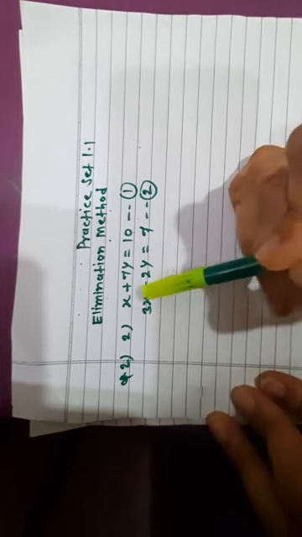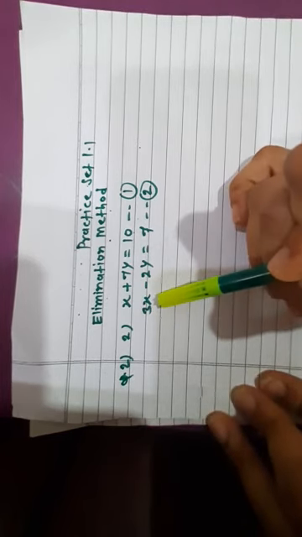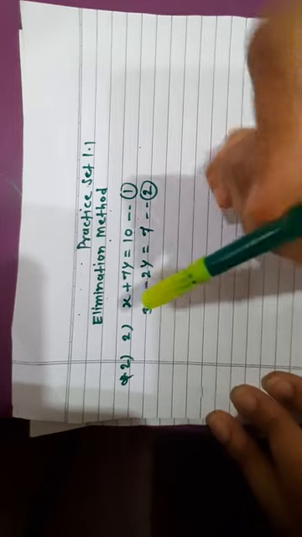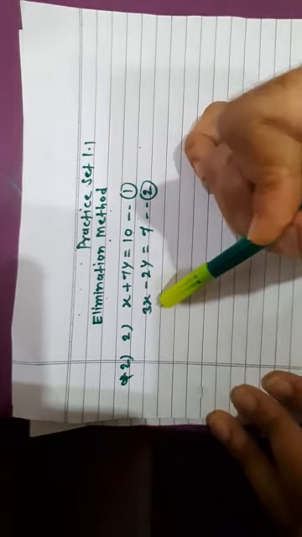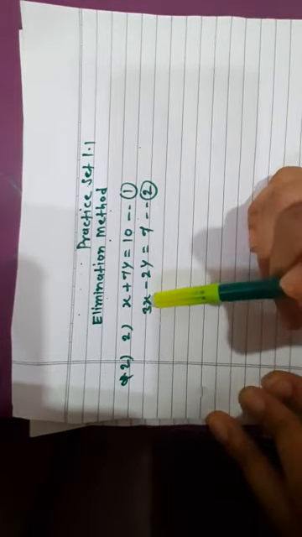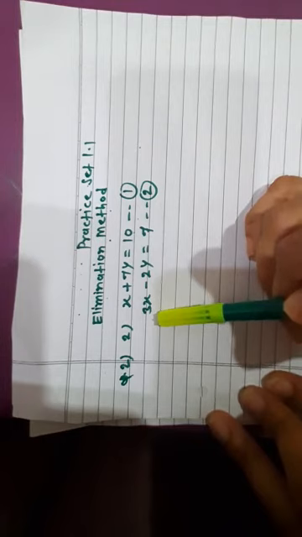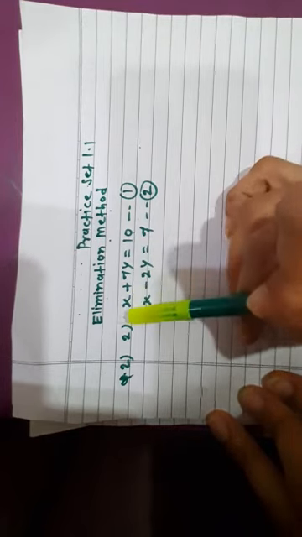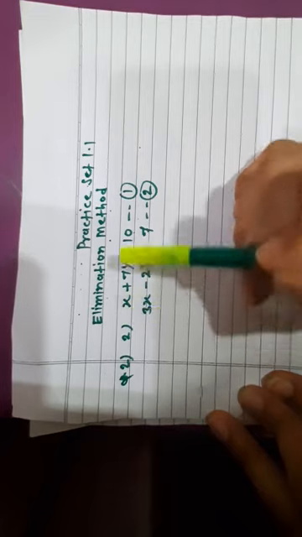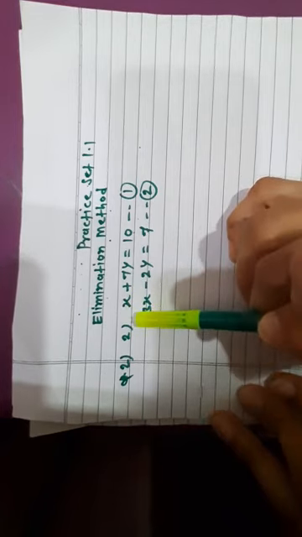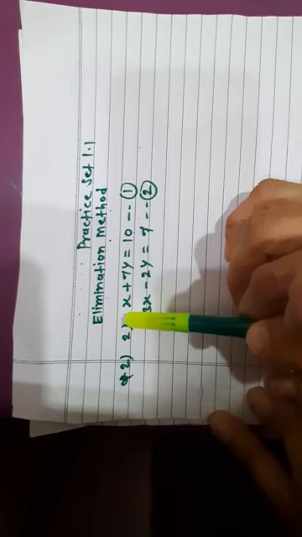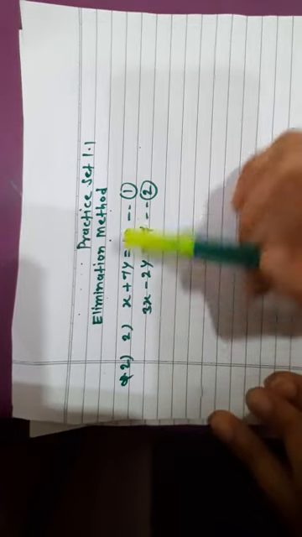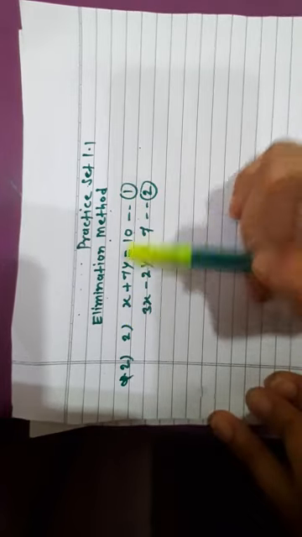Here we eliminate the variable x, so we have to equate the coefficient of x. The coefficient of x is 3 in the second equation, and in the first equation the coefficient of x is 1. So we make the coefficient of x equal to 3 in equation 1 by multiplying equation 1 by 3.